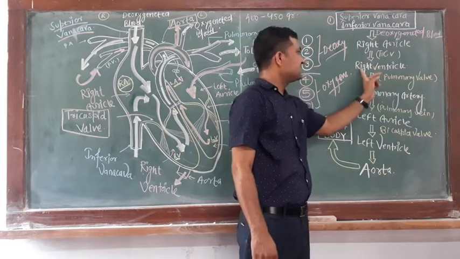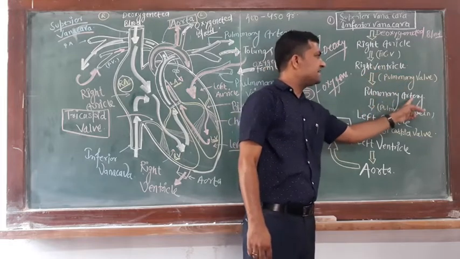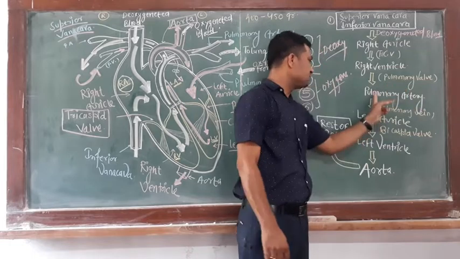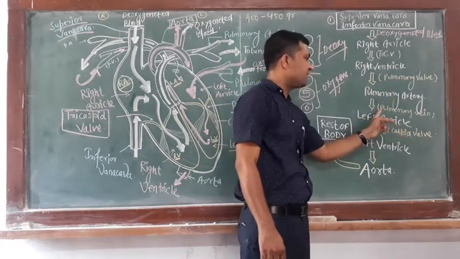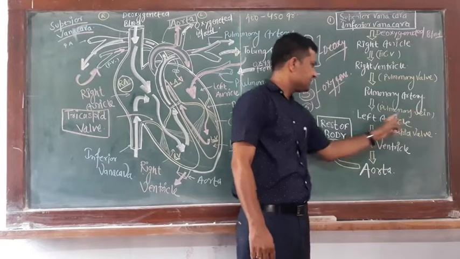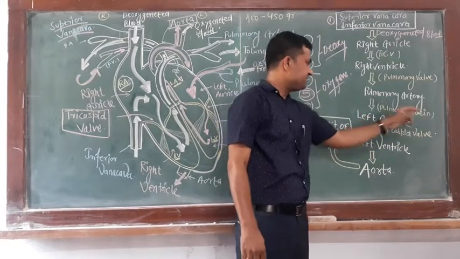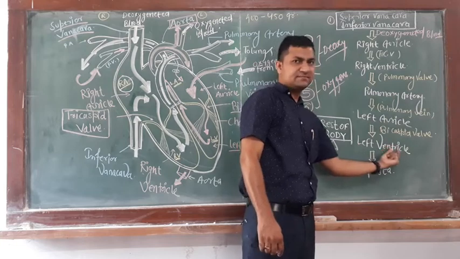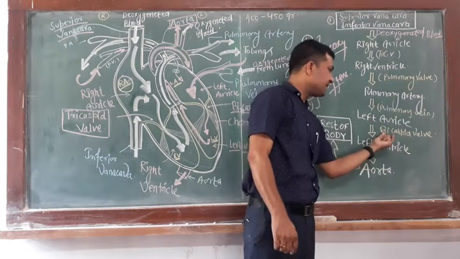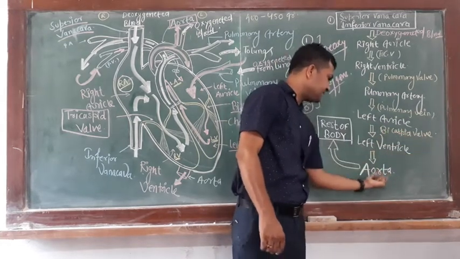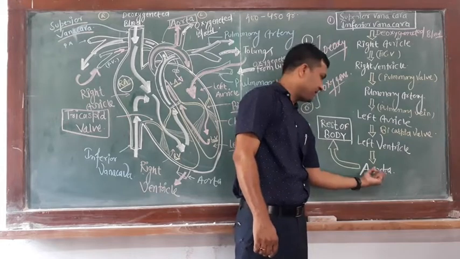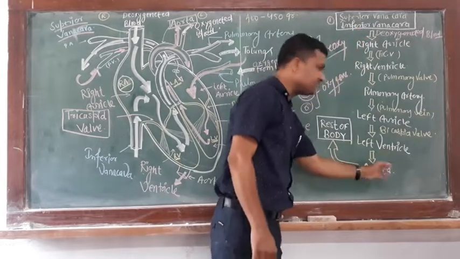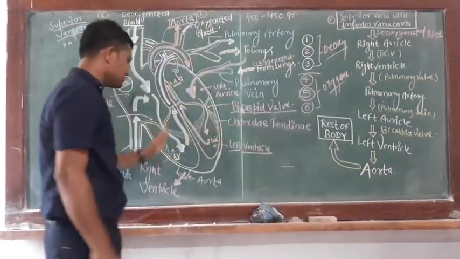Then right ventricle to pulmonary artery with the help of the pulmonary valve. Pulmonary artery to left auricle with the help of the pulmonary vein. Then after, left auricle to left ventricle with the help of the bicuspid valve. Left ventricle to aorta, and from aorta to the rest of the body. It's a line diagram. It's a mechanical process of the heart.